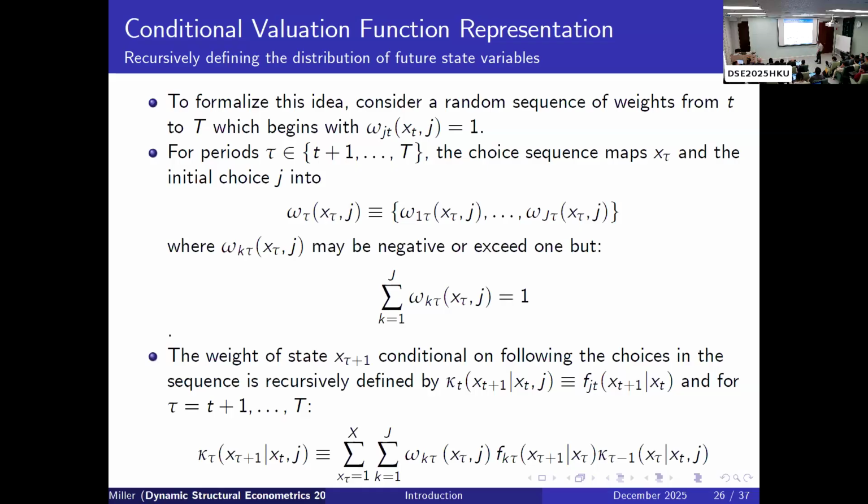So we put some weights on, and when we put those weights on, that is going to push people down different paths. And so if they start out at X t, and then they take action J, and then they follow through with a bunch of weights, then this is the weight or the probability that they will get to X tau plus 1, given X's at tau plus 1 periods later.